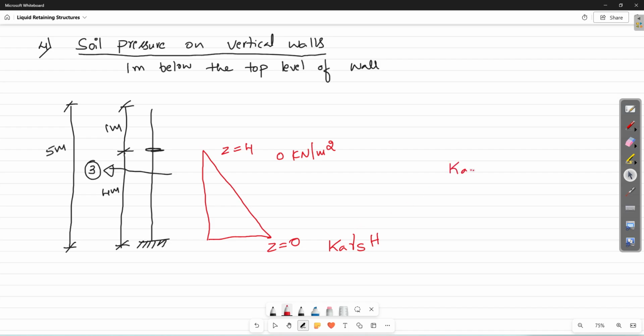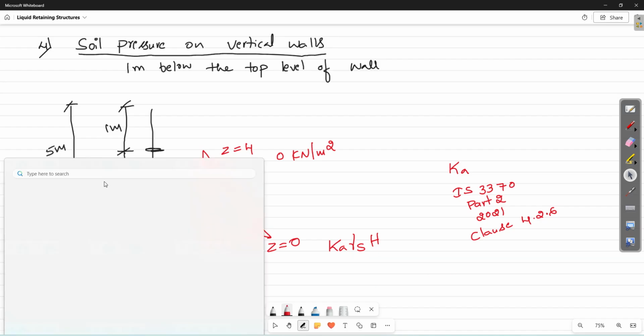To get the Ka value, you need to refer IS 3370 part 2, year 2021, clause 4.2.6. So let me open the code.